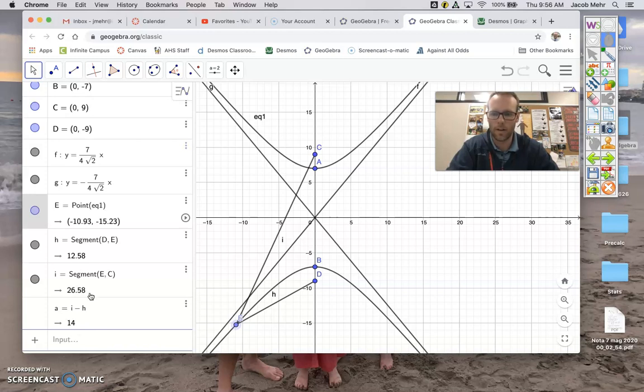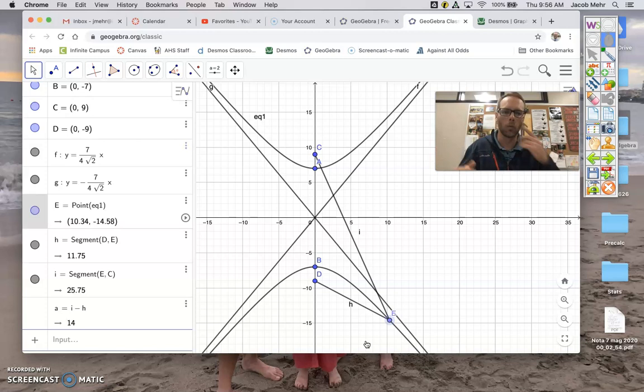Notice how the h and the I are changing, but when I find that difference, it's always 14. And the way that I remember that with the ellipse, the sum is always the same, and the ellipse equation has that plus in it, where in the hyperbola equation, we have a minus, and it's the difference of these two distances that's constant. That's always the same. So there's our introduction to the hyperbola. We're going to come back in a second video, look at another example.